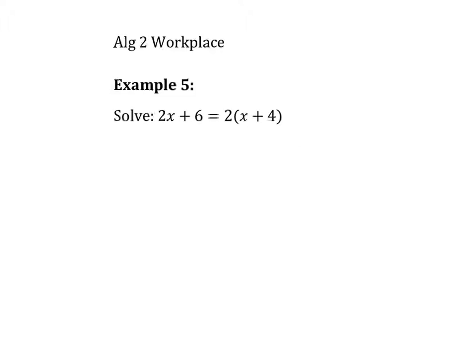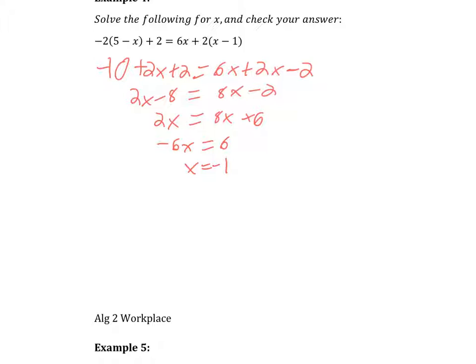So one thing to notice when we have problems like this, where we have two different equations or expressions on one side of the equal sign, when we are finding our solution, this is telling us the x value where two lines cross.